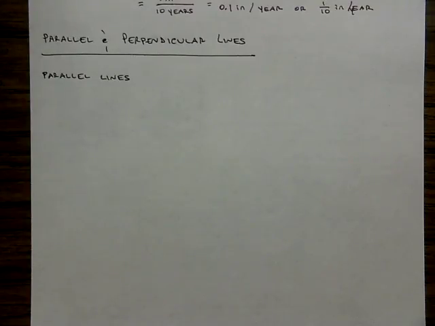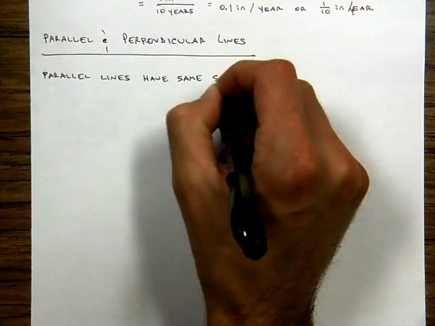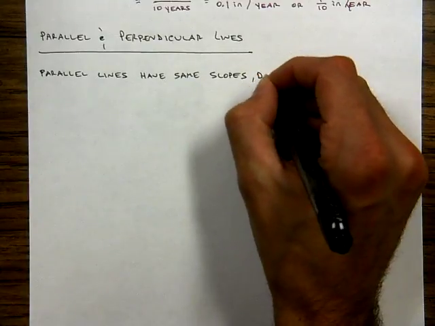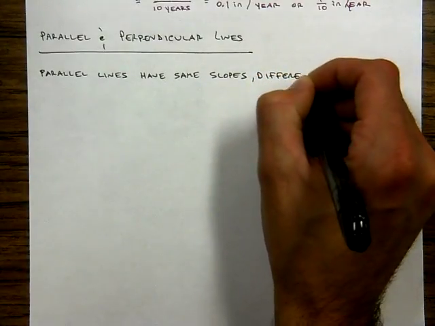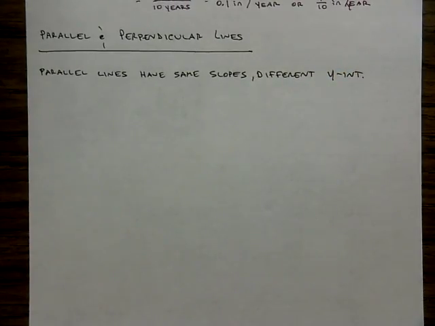In other words, if I were to graph two parallel lines on an xy axis, what would I see in terms of their equations? What we notice right away is that parallel lines have the same slope. But there is something that they have that is different. If they have the same slope but they're on top of each other, then they're the same line, which means they're not parallel. However, if they are parallel lines, then they have the same slopes, but they also have different y-intercepts.